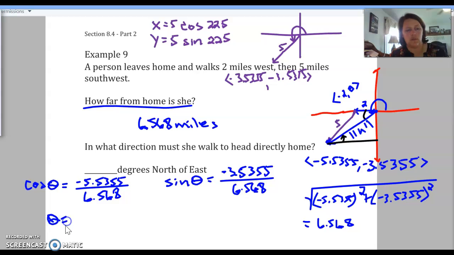I only need to solve for one of them. I can check with the sine after that, but since we are working in quadrant 4, we are going to need to find a second solution, so you make sure that you keep track of that.